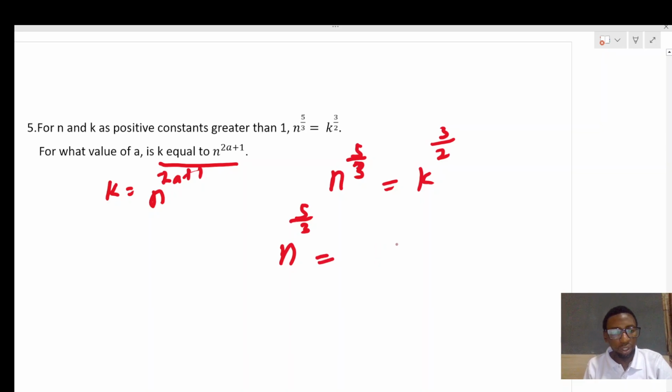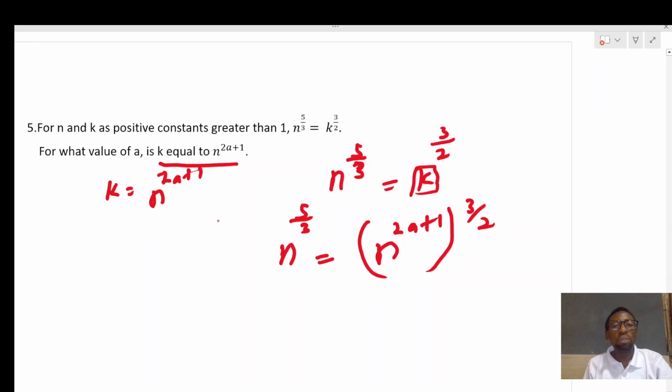So this is n raised to the power 5 over 3 is equal to, what's our k now? n raised to the power 2a plus 1, close the bracket, to the power 3 over 2. I've substituted the value of k with this because it told us that k is also equal to this. I'm looking for the value of a now.